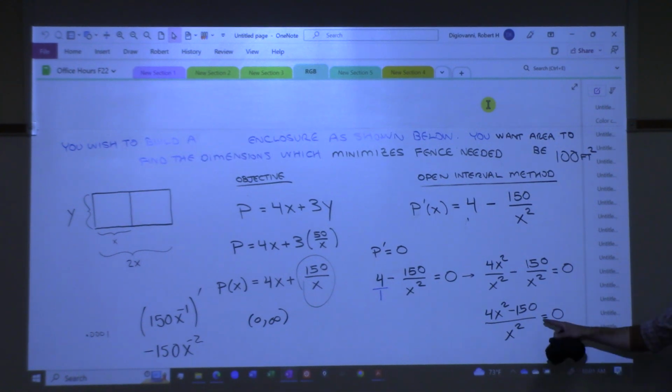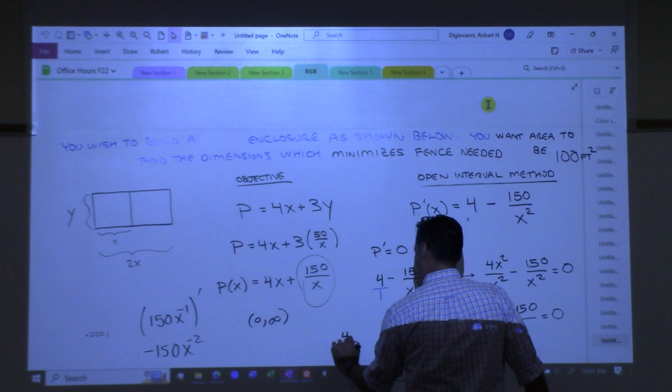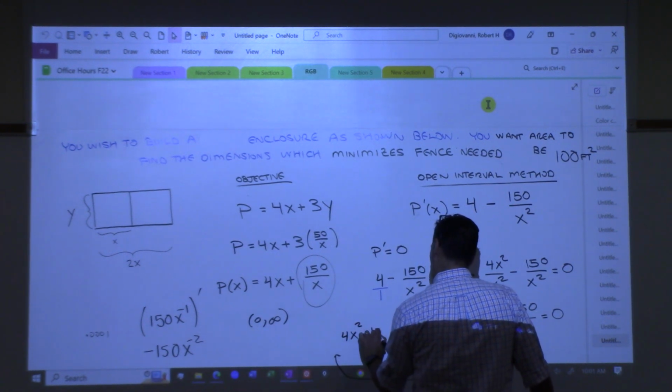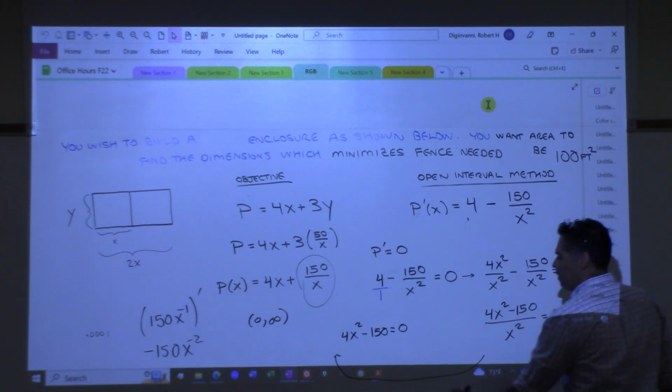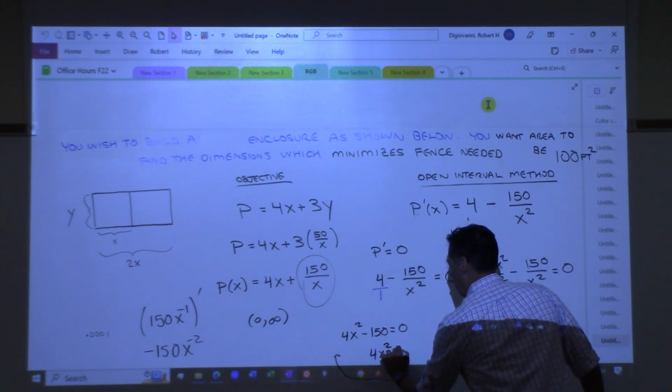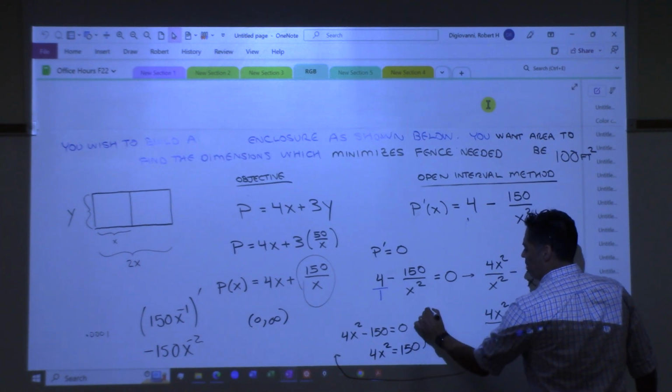And then I'm saying, okay, the only time a fraction can be equal to 0 is if the top is equal to 0. Move the 150 over. Divide by 4.